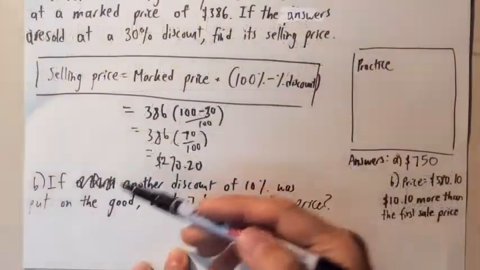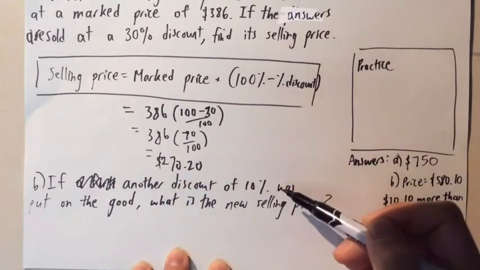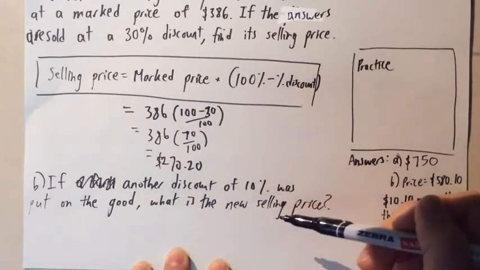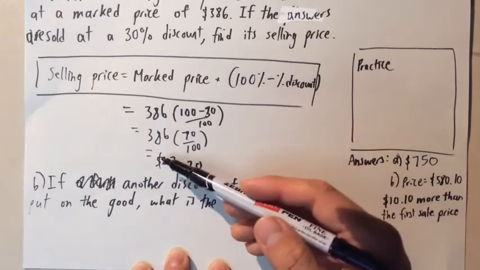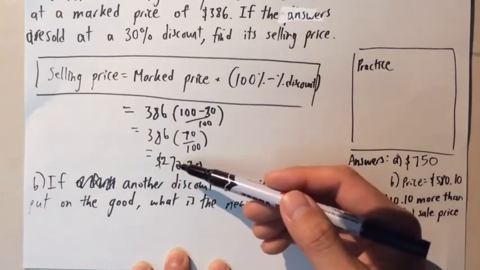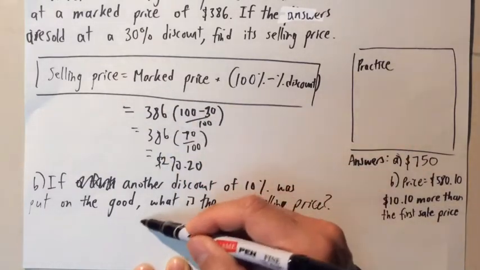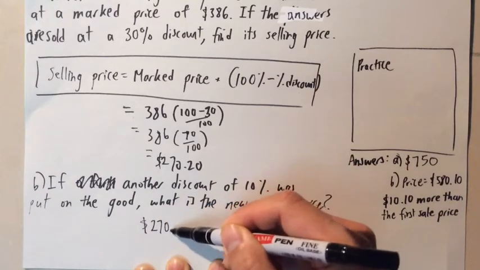Our next question asks, if another discount of 10% was put on the good, what is the new selling price? So we just take the previous selling price and apply the same formula.